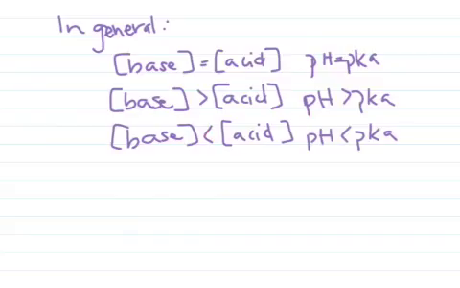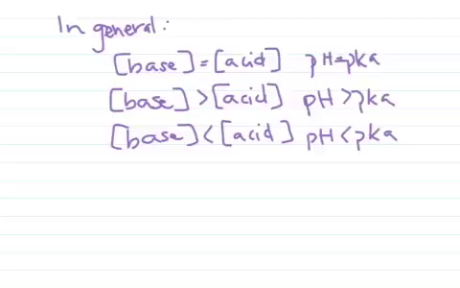So in general, when our base concentration is equal to our acid concentration, our pH will equal our pKa. When our base concentration is more than our acid concentration, our pH will be greater than our pKa, or our pH is more basic than our pKa, or our pKa is more acidic than our pH.